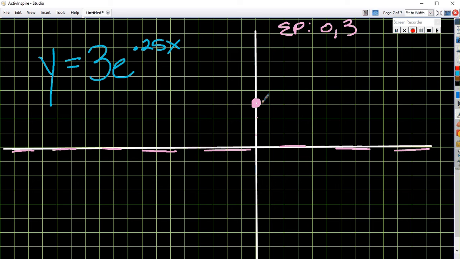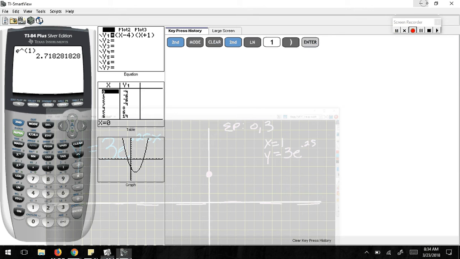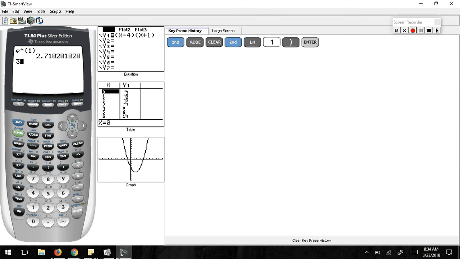If I plug in 1, here's where things change a little bit. If x is 1, that means y is 3 times e to the 0.25. I do not know anybody that can do that in their head, so you need your calculator. Plug in 3e, using e.